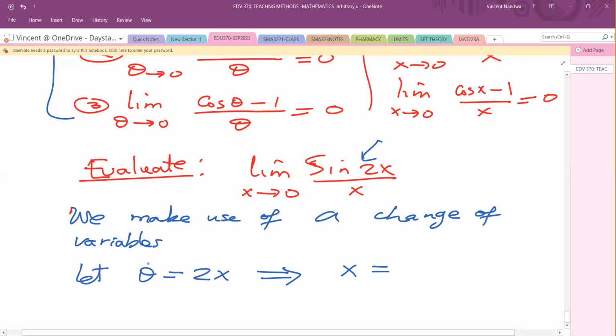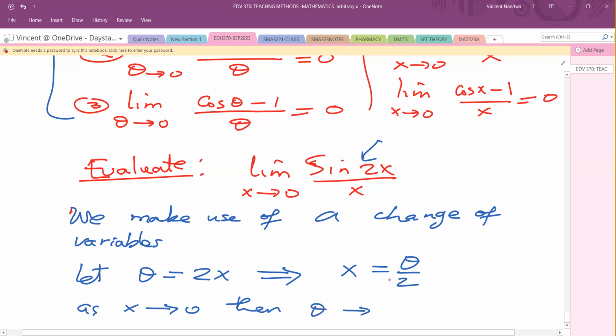If theta is 2x, what is the value of x if you make x the subject? Correct, you get theta over 2, right? Good. Now, as x approaches 0, theta approaches which value?